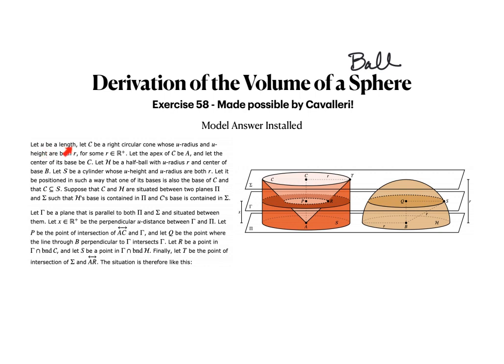So we're going to let R be a length, and let C be a right circular cone whose radius and height are both R. So I'm looking at this cone here.